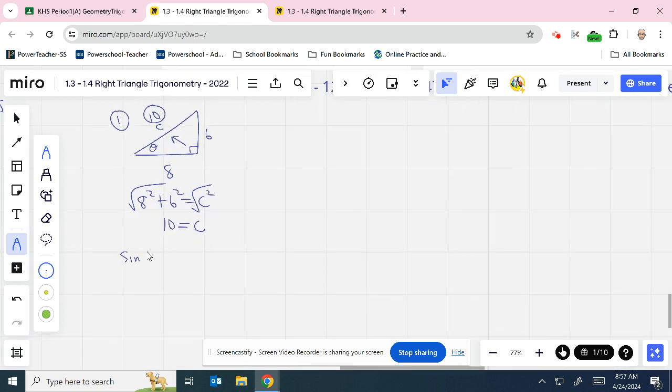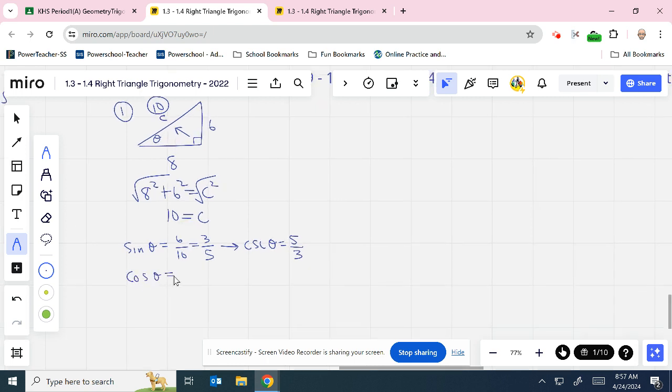Sine of theta is going to be the SOH, so it's the O, 6, over the H, 10. Always reduce it: it's 3/5. That means cosecant theta is 5/3, just flipped over. If sine is 3/5, cosecant is 5/3. You just flip it over. That's 2 functions already done.